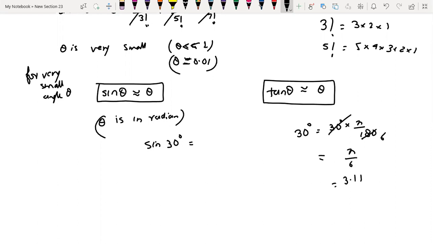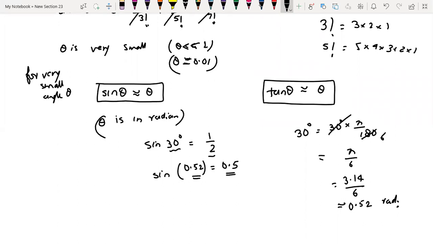It is 3.14 divided by 6, approximately 0.52 and something, right? In terms of radian. What is the value of sin 30? Half. So they do not look equal. Put this in radian. Are they now approximately equal?